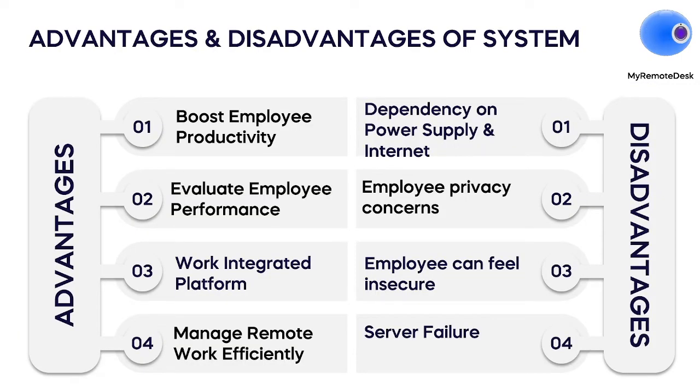So the system is there, but what is the uniqueness of the system? The uniqueness is that the system has all the features of different types of systems, such as monitoring, project management, attendance management, leave management, and video conferencing. So the organization or employee does not have to go to other systems.